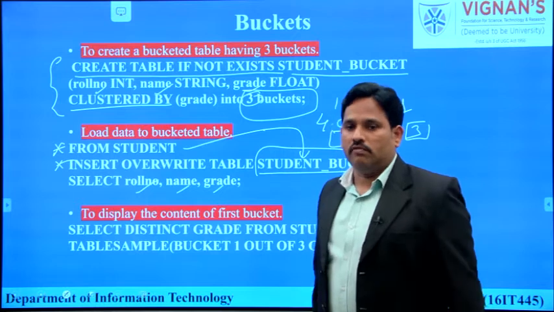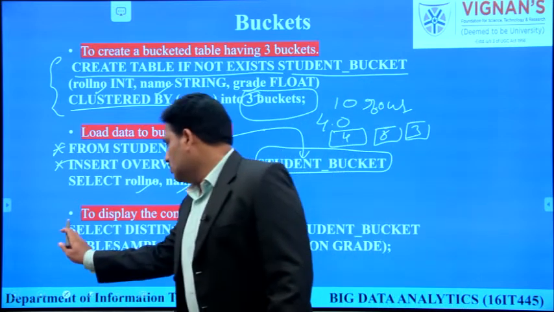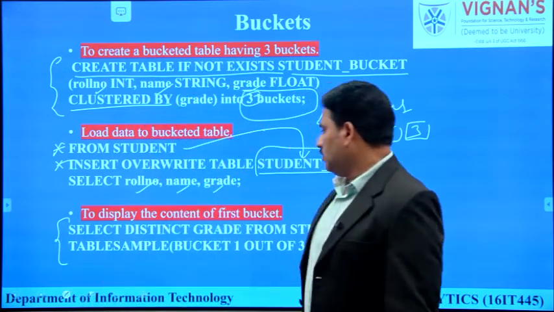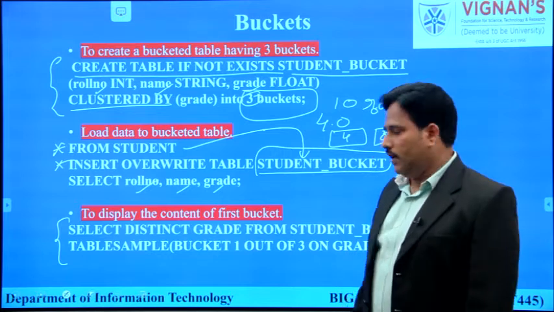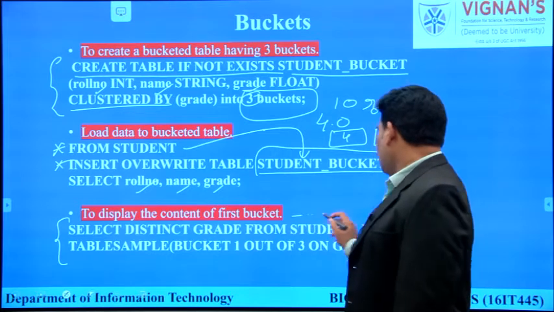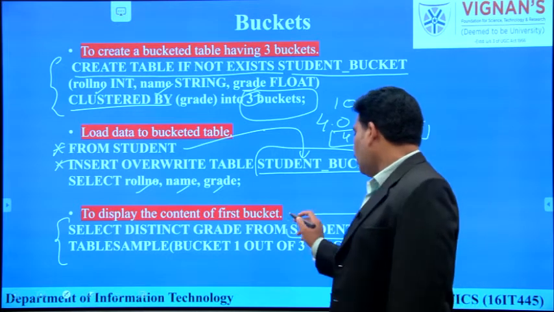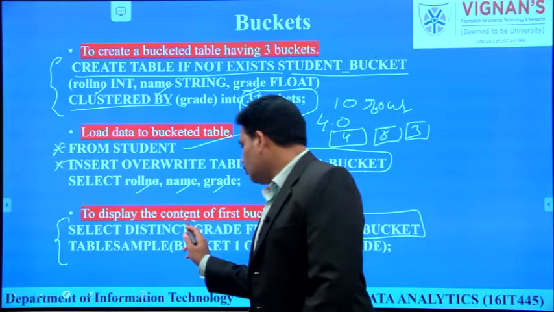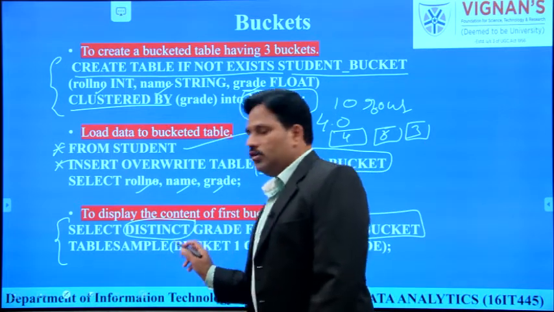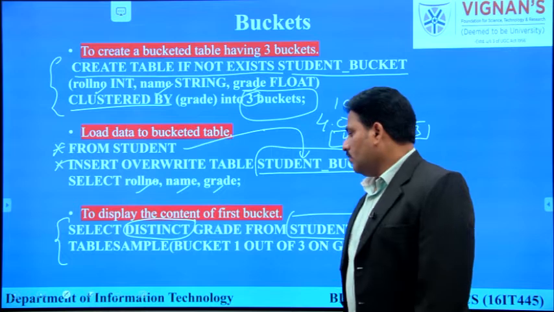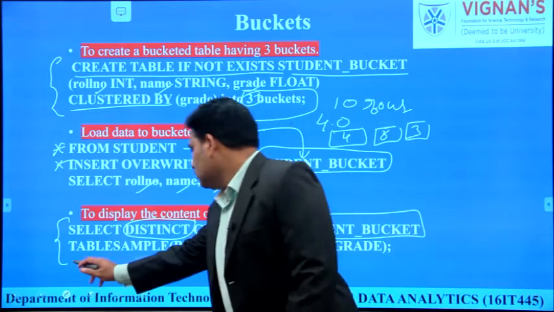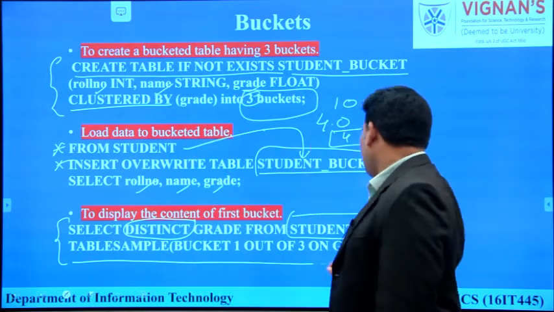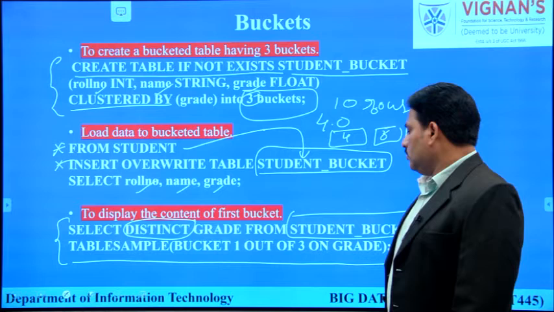Now to display the values, we can use this statement. Select distinct grade from student underscore bucket. Here the distinct keyword is used to eliminate duplicate values. Table sample bucket 1 out of 3.